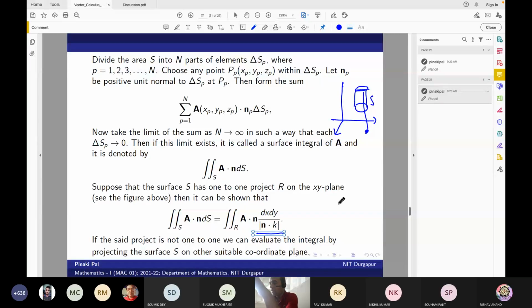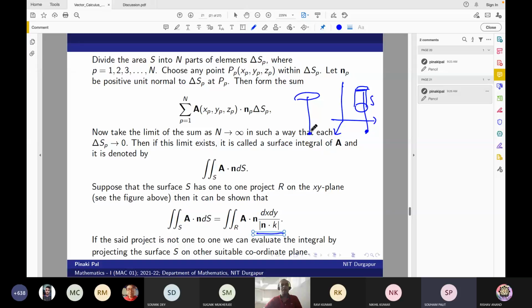This is the normal orthogonal projection, right? So all the lines over there will be projected to a single point. That means this is an infinity-to-one projection. So then it is not valid. But if you take a surface something like this, only one point will be projected to a point. This is allowed.